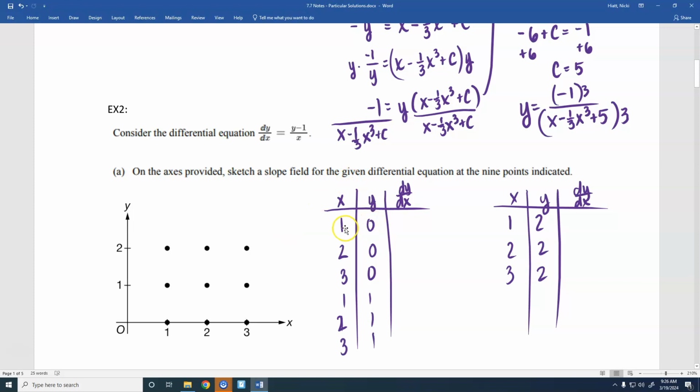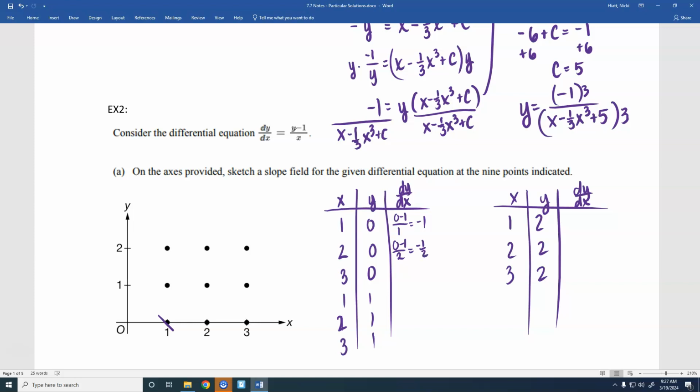So if I plug in 0 for my y, 0 minus 1 over 1, I'm going to get negative 1 for that. So right here at (1, 0), I should have a slope of negative 1. At (2, 0), I'm going to get 0 minus 1 over 2, so negative 1/2.